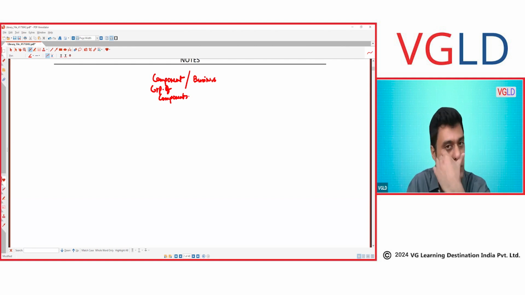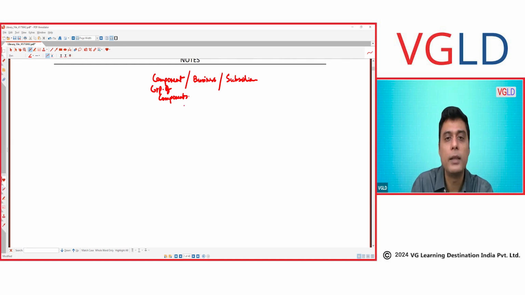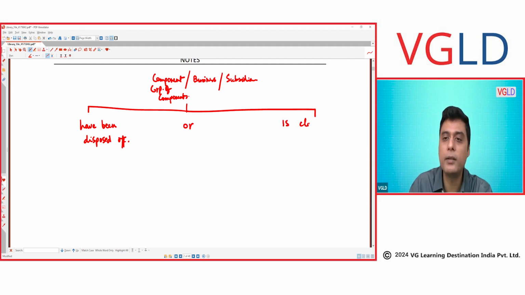A different business of the company, or it could be a subsidiary of the company, those kinds of things that have been disposed of or are classified as held for sale.